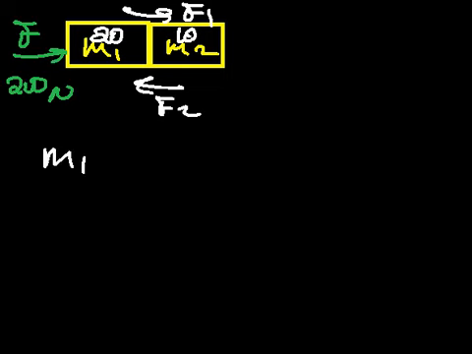So we go for M1. What is the free body diagram for the forces acting on M1? Mind you, the free body diagram presents an object as a point particle, together with the forces acting on that particular object.